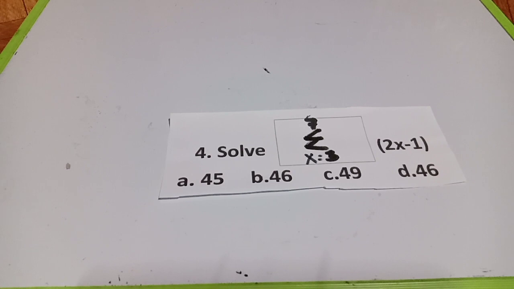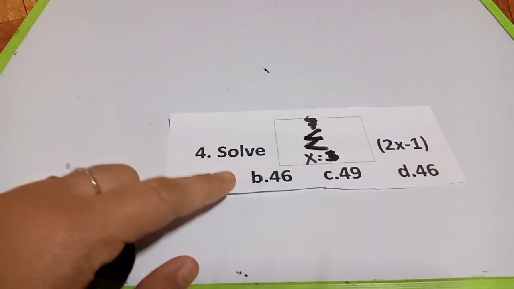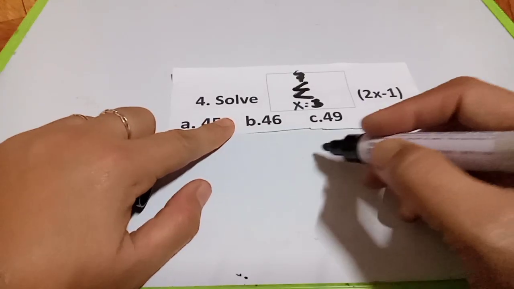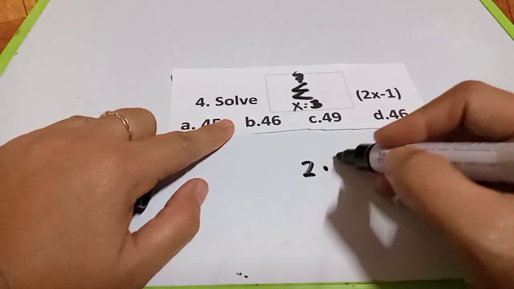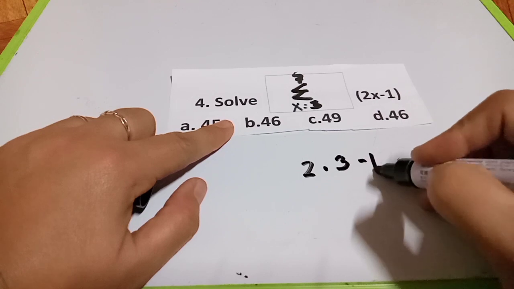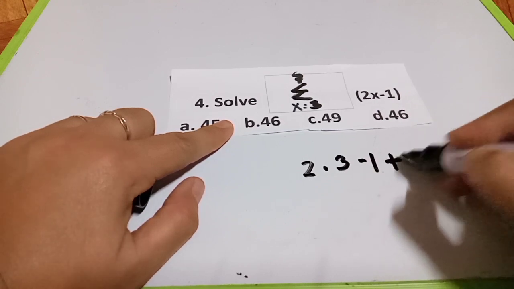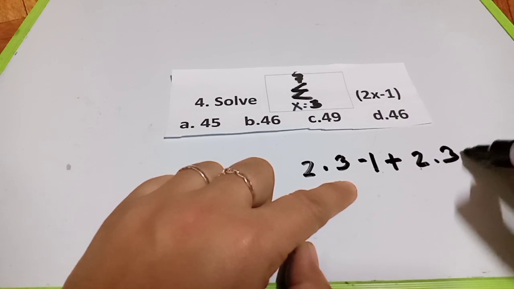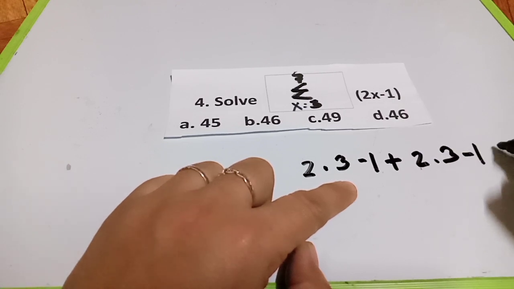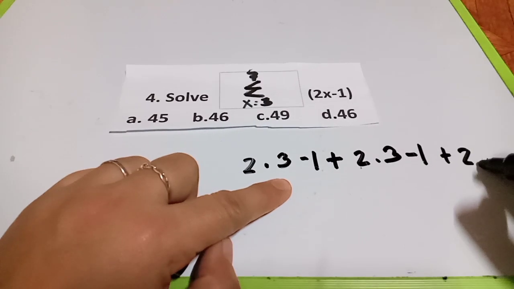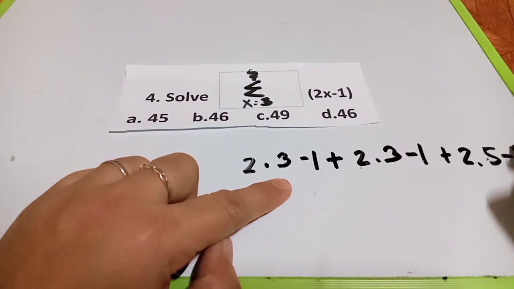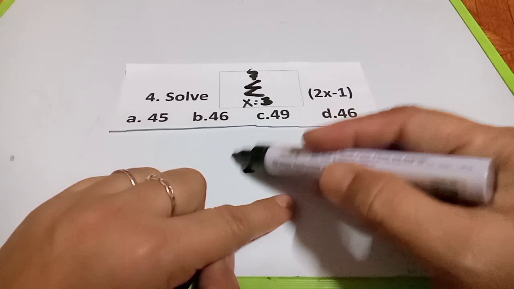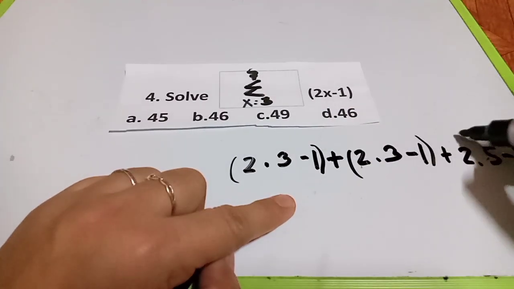So take note. How do we solve this one? It has a parenthesis. So we will start with 2 times 3 minus 1, followed by 2 times 4 minus 1, plus 2 times 5 minus 1. So let's have a close parenthesis for this one.